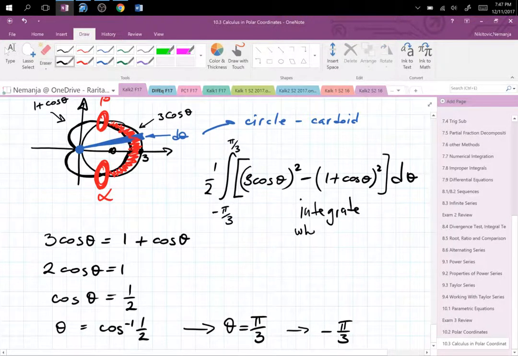Integrate at some point in life. What happened? Forgot point. Oh, okay. Point. There we go. All right. Could have put point like that. Anyway.